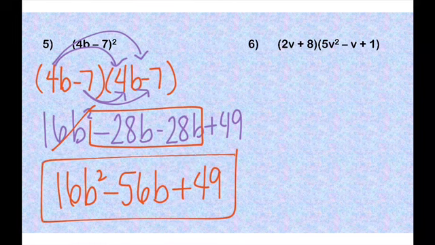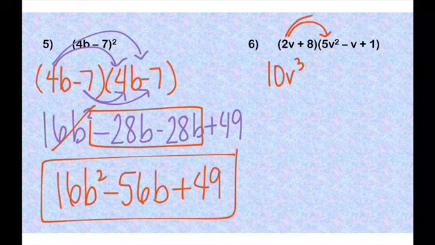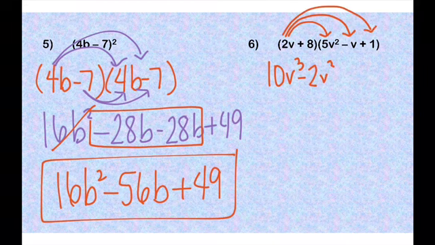Okay, number 6. 2v times 5v to the second. 2v times negative v is going to be negative 2v to the second. 2v times 1. So this one's a little bit different because it's a binomial times a trinomial, but it's going to work the same way.